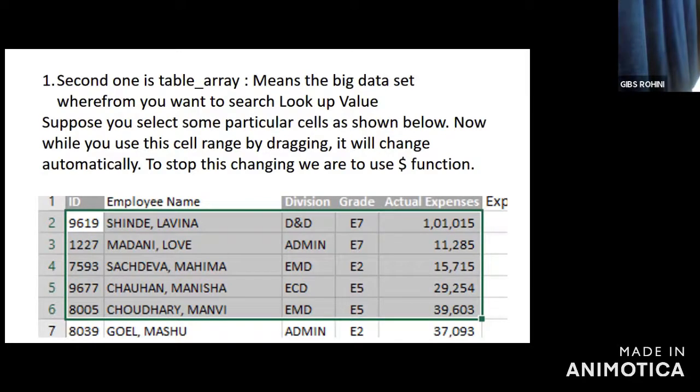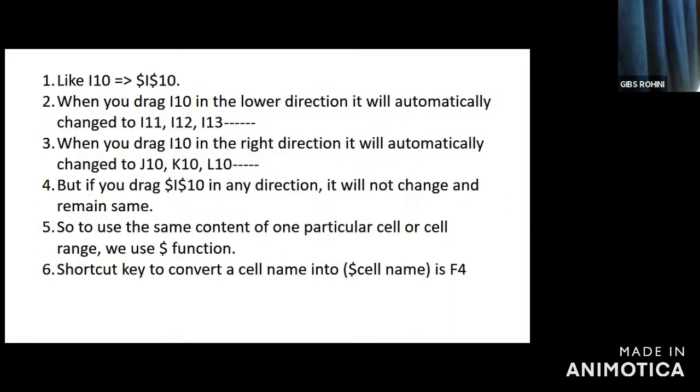And to do that, we have to use another trick, like I10. If I modify it to $I$10, I can select one cell and put the dollar sign over both the letter and the number.